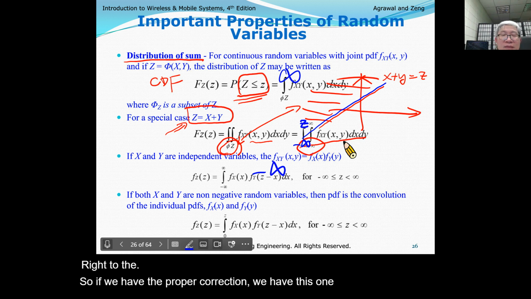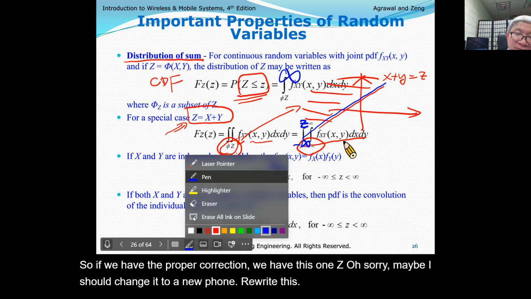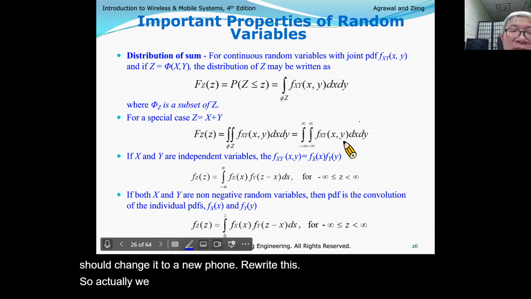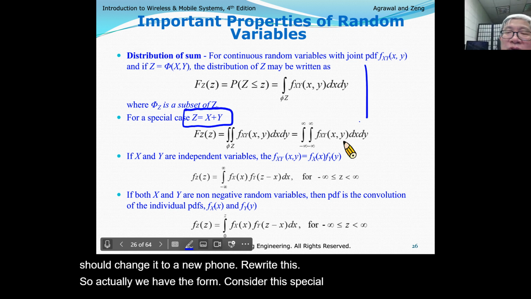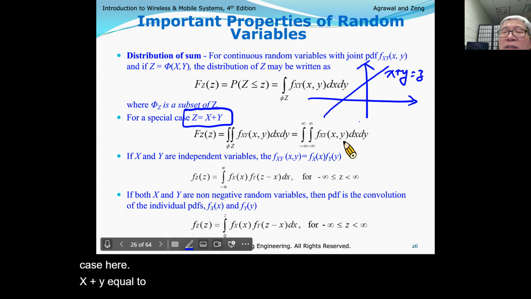Oh, sorry, maybe I should change it to a new form. Rewrite this. So actually we have the form. Consider this special case: x plus y equal to z.